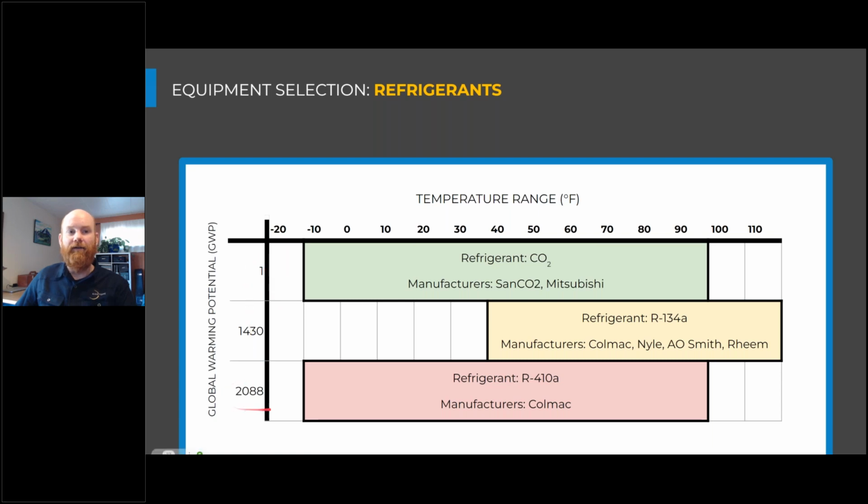It will add a lot of global warming potential to the environment. And so CO2 is much more environmentally friendly, much more forward thinking. But there are R410A heat pumps that are out there and can operate at cooler air temperatures than, let's say, the R134A, which is slightly more environmentally friendly, but still well above our baseline of CO2 as a GWP of 1.